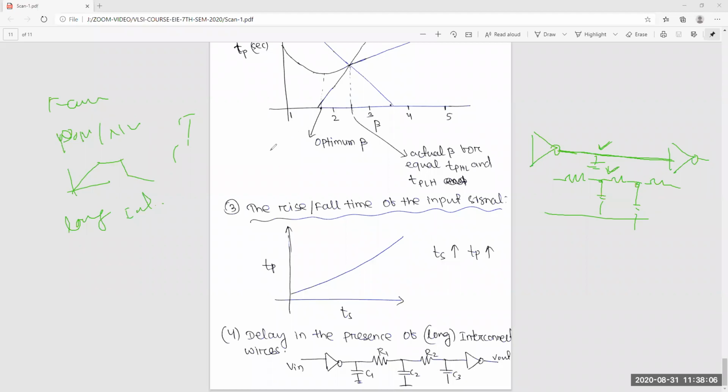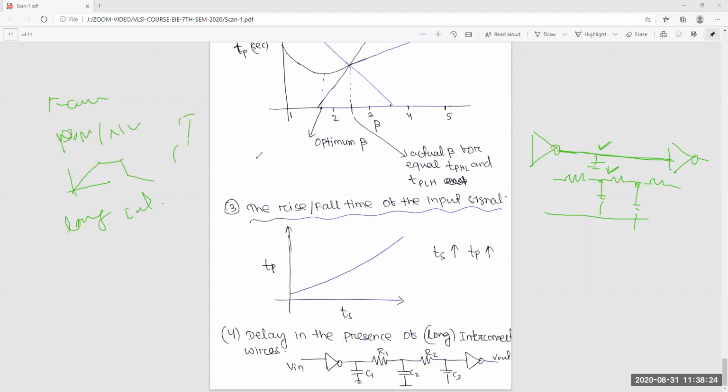Whatever I have discussed is from the Rabaey book. Here the more intuitive things are there, while the main calculation part you will get in the Kang book.